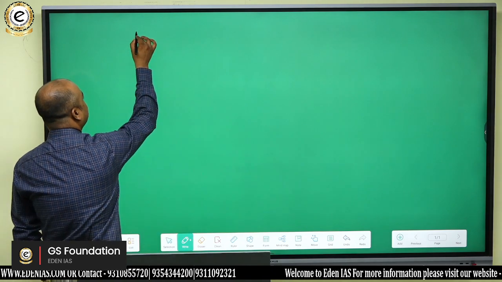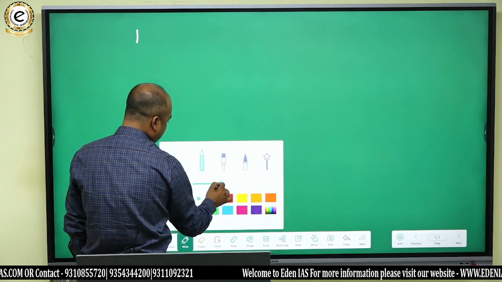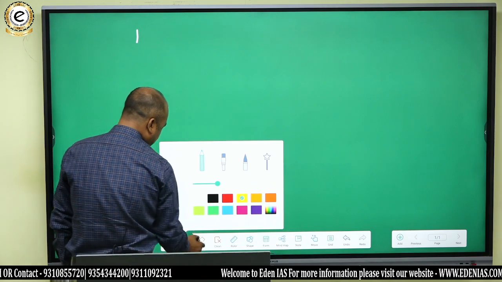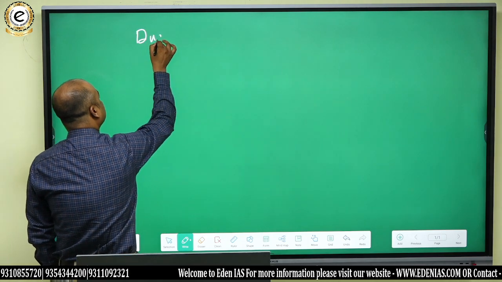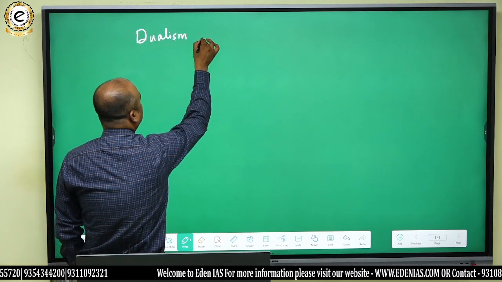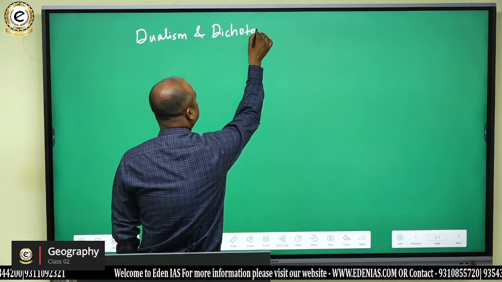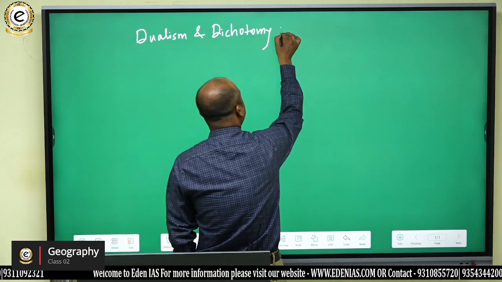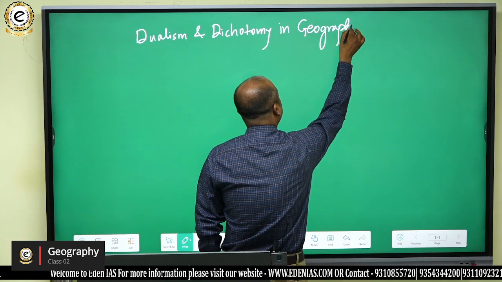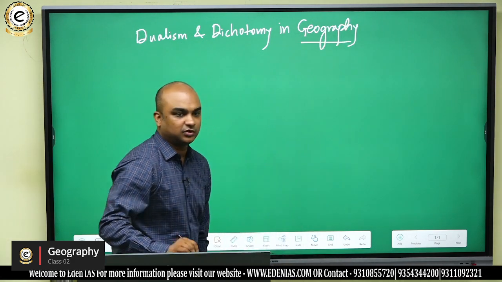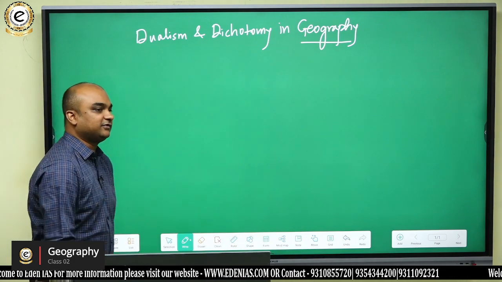We are trying to understand what is the meaning of this word, dualism, and what is the meaning of this word, dichotomy, with respect to geography. Now you already understand the meaning of this word, geography, right? What is dualism? Now look at this very carefully.